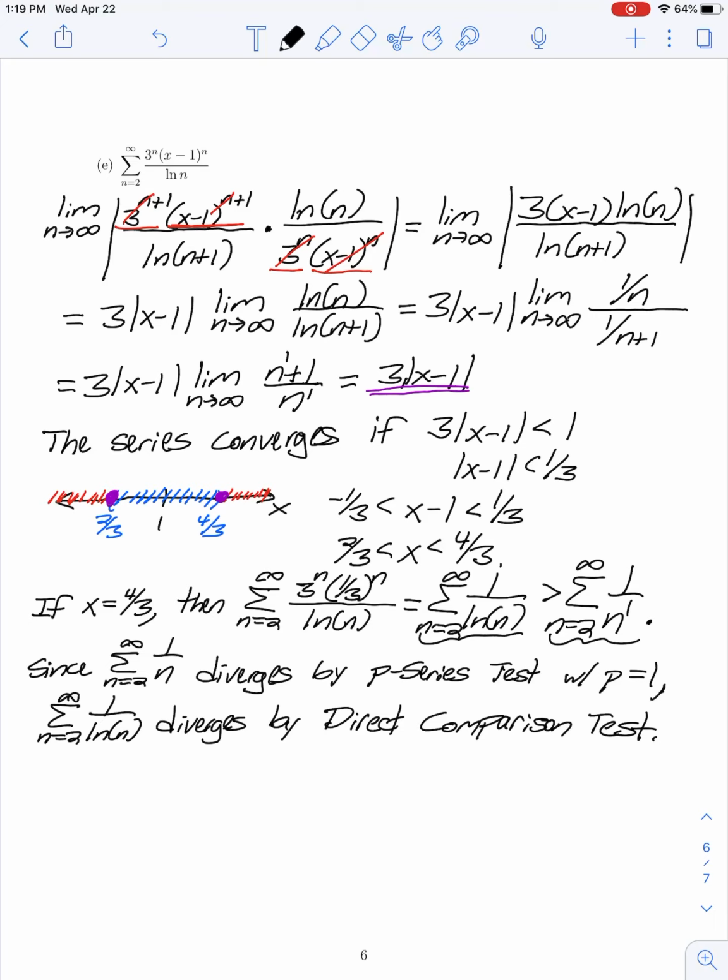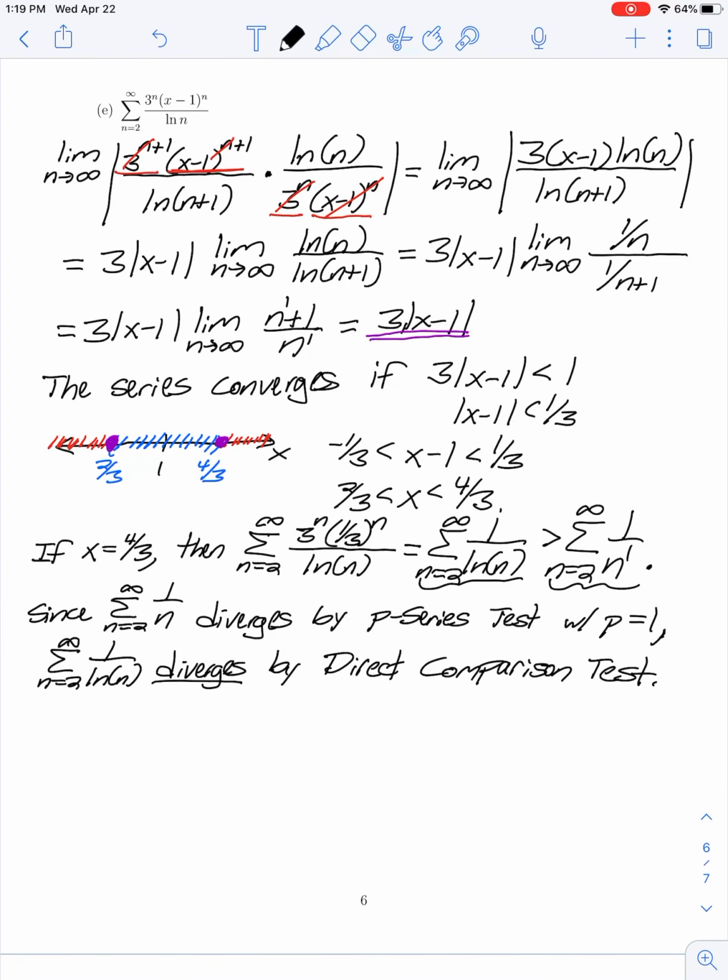So x equals 4/3 will result in a series that diverges, so it is not included in our interval.